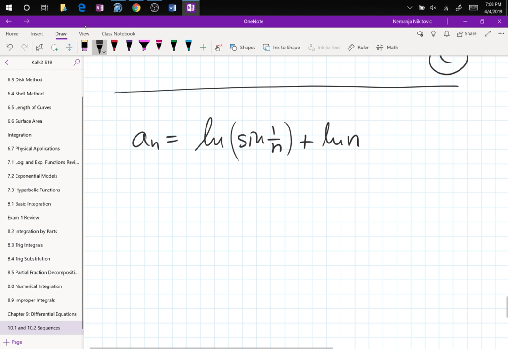Sine of 0 is going to be 1. So ln 1, that's all. No, you're not taking ln. You're putting infinity in over n, which gives you sine of 0, which is equal to 1. Yeah, that's what I have.